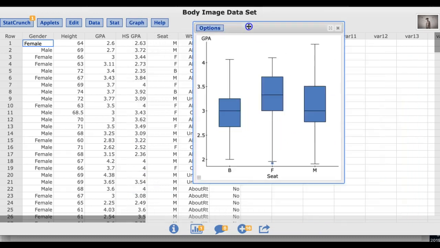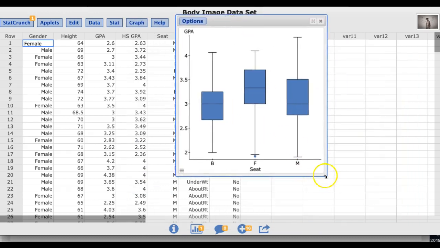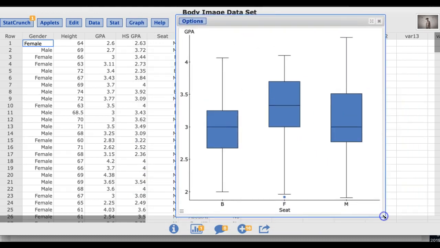Look at this here. If you look at these plots, for the front row we get one dot out here. StatCrunch was using the 1.5 times the interquartile range rule, and it said that this GPA of 1.92 is unusual.